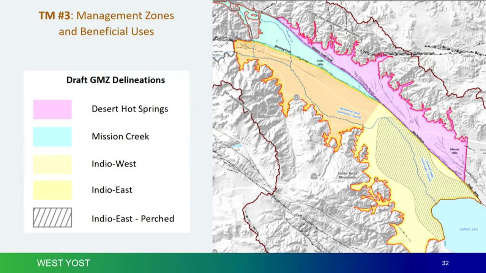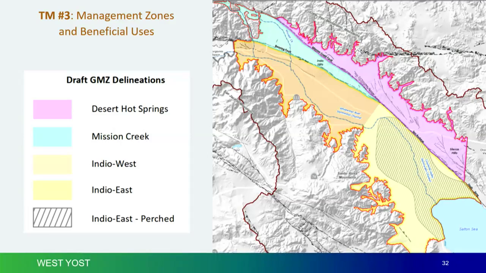And so the hydrogeology has been used specifically here to subdivide this groundwater basin into its draft management zones along fault boundaries. So we have the Desert Hot Springs, which is located northeast of the San Andreas Fault and up against the Little San Bernardino Mountains. Not too many beneficial uses of groundwater in that management zone.